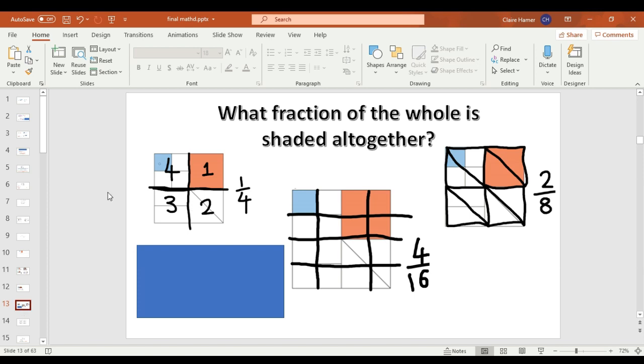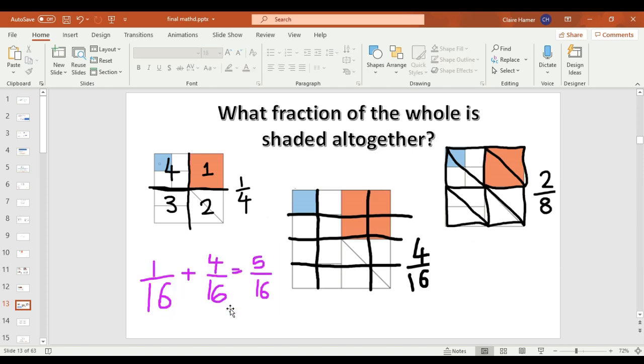Okay, obviously these 3 fractions mean the same thing, but I'm hoping that you chose 4/16, because as I said earlier, we can only add the numerators together. So the rule is that when you add and subtract fractions, the denominator must be the same before you start the calculation.